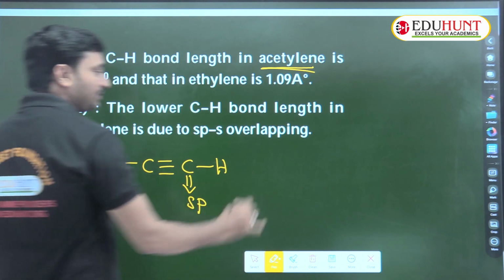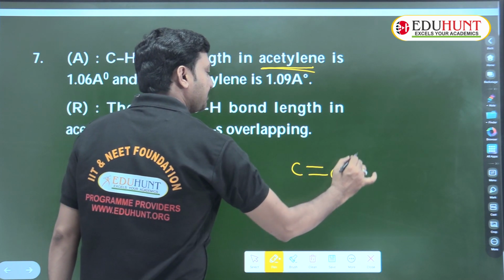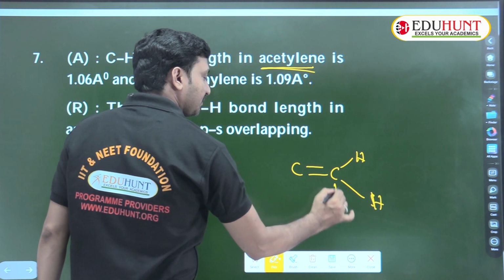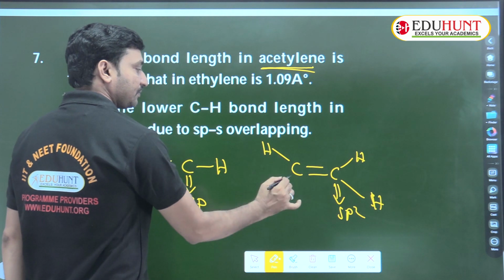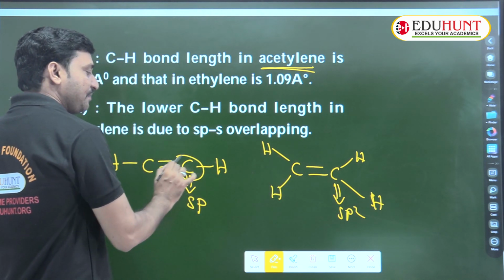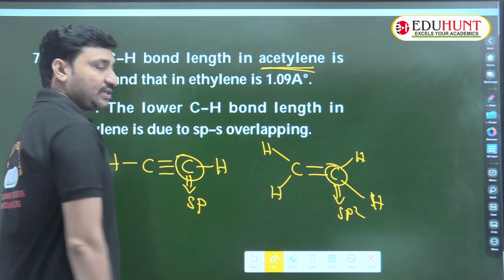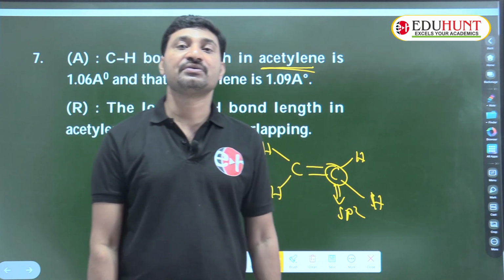In ethylene, the carbon is sp2 hybridized. sp hybridized carbon, sp2 hybridized carbon. Which has the larger size, sp hybrid orbital or sp2 hybrid orbital?